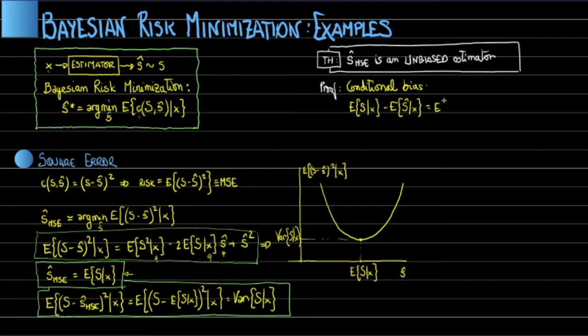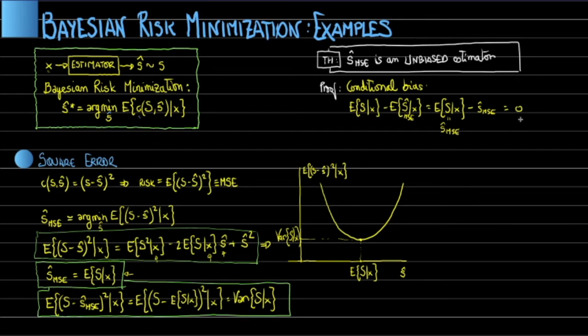In this case S hat is S MSE, the minimum mean square error estimate, and the estimator is a deterministic function of the observation, so this is just S MSE. But we have seen that the mean square error estimate is exactly the expected value of S given x, and therefore the conditional bias is 0.